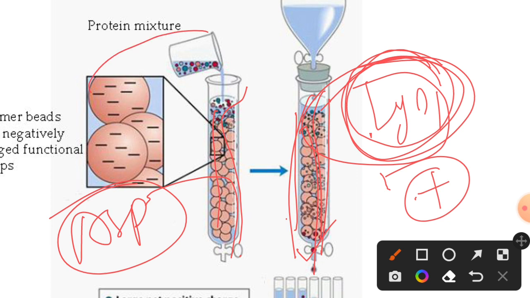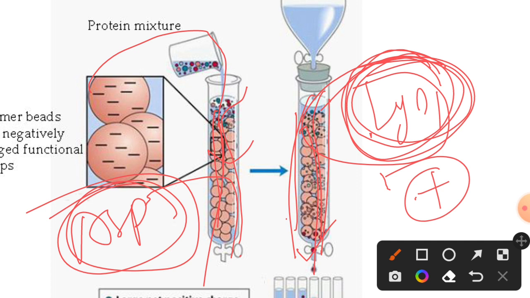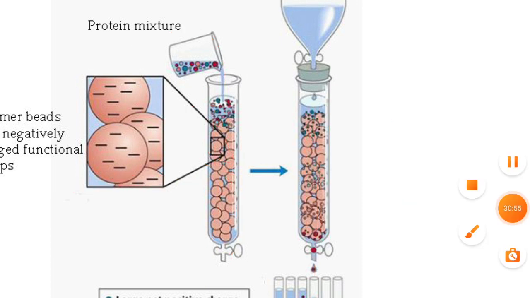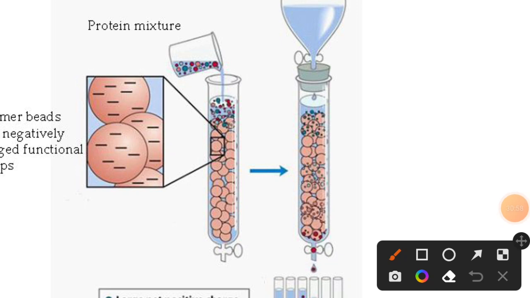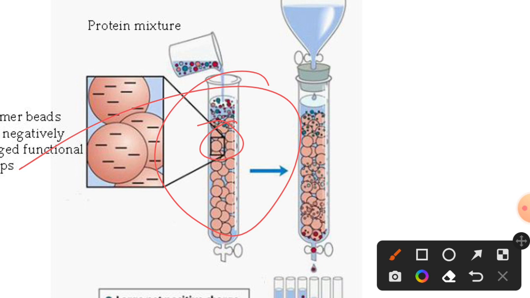Then we will add our protein mixture. Aspartic acid will exhibit near about no hindrance and it will pass through the column, but lysine will face hindrance and will ultimately become trapped in the solid phase. That is how you have separated lysine from aspartic acid. But now the question is, how can you isolate your lysine? Will you break the column to isolate your lysine?